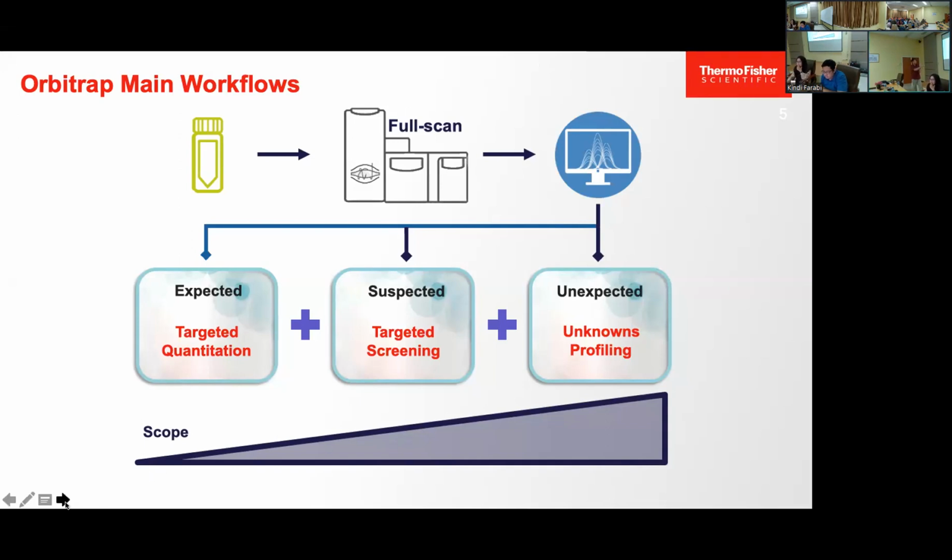And all this workflow can be done from a single injection. That's the beauty of a high resolution system. In the past, you may have needed three systems to do this. You may need a triple quad to do this, a high resolution to do this, and another high resolution system to do this. Okay, next.